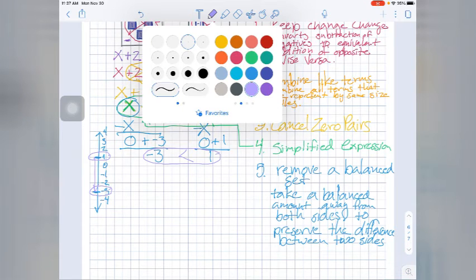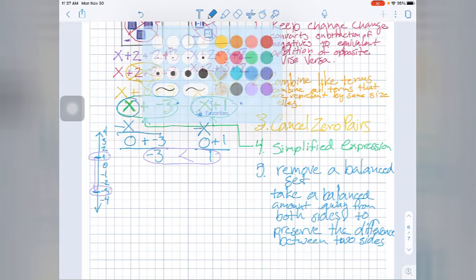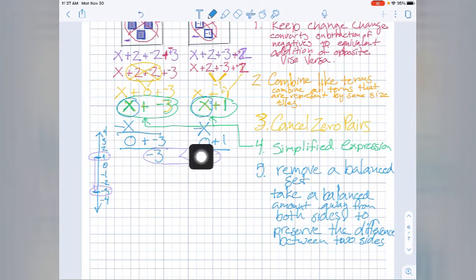But the other important thing is that there are other balanced sets that I can do here. There are other things that I could take away from both sides. I could take away 1. If I took away 1, this 1 would turn into 0. And then if I took away 1 from one side, for removing a balanced set, I have to take it away from the other side. So this becomes -4. So 0 is still bigger than -4.